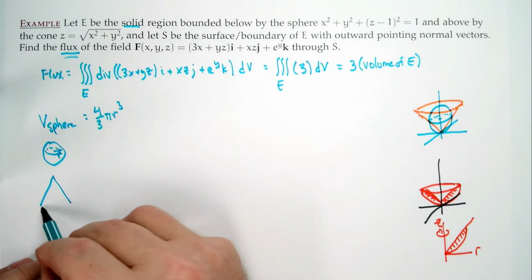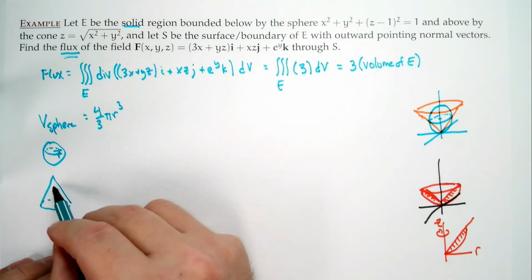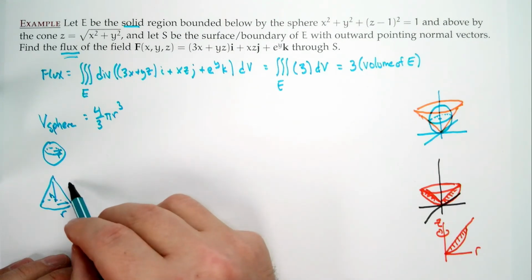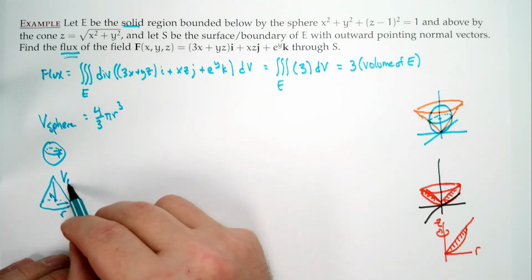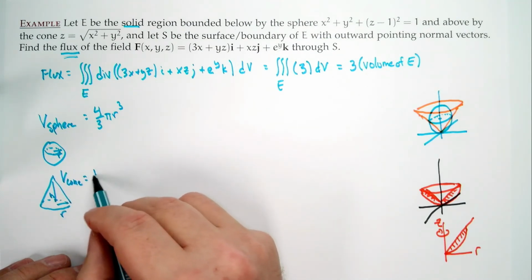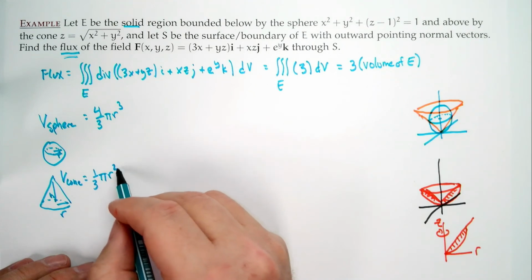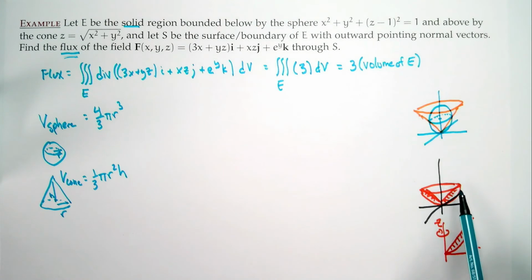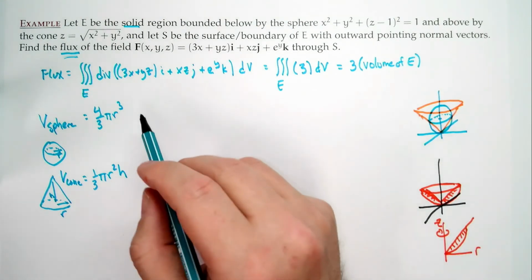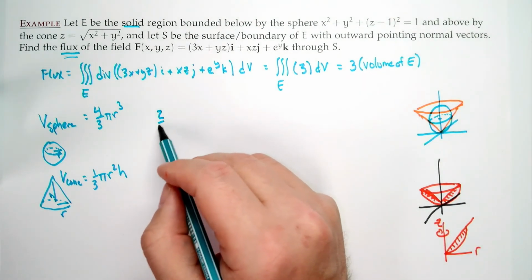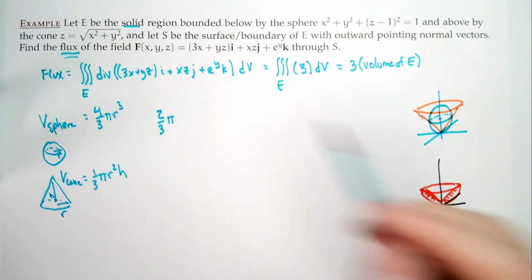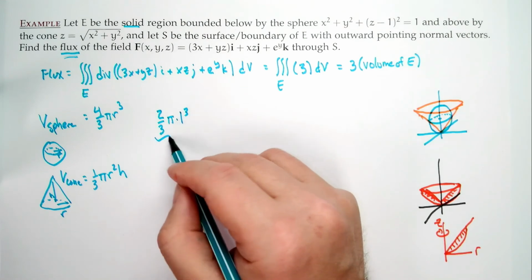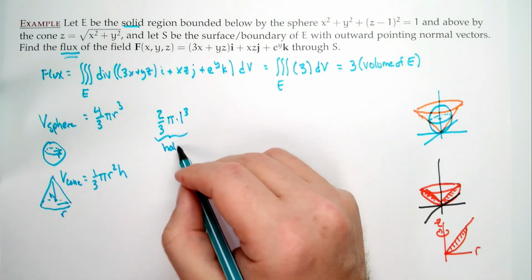Now, the other basic fact you need to know is that if you have a cone and it has height h and radius r, then the volume of that cone is equal to 1/3 pi r squared h. And if you combine those two together, you can say this is a half a sphere. Well, a half a sphere, that's 2/3 pi r cubed, and it's a half a sphere of radius 1, so 2/3 pi 1 cubed, so a half sphere.